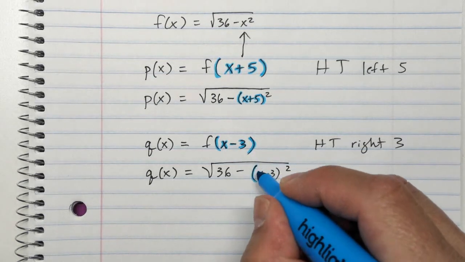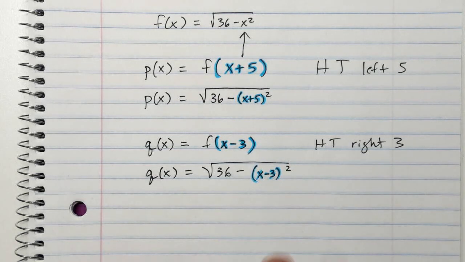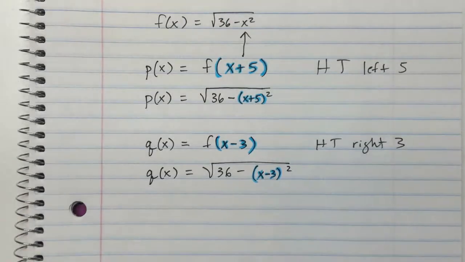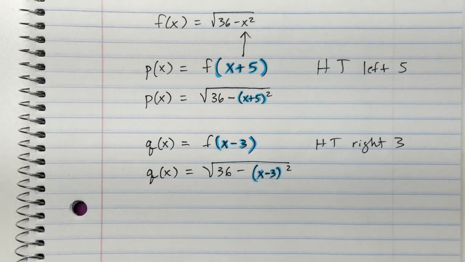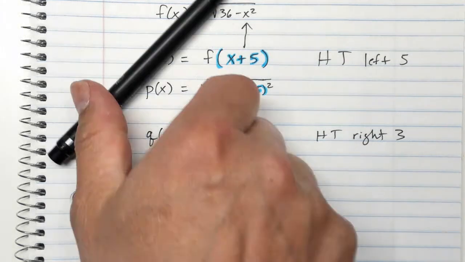That's why hopefully you're using a highlighter. Highlight that whole thing and put that whole thing where the x was. And there was a glitch in the matrix; I showed it on the calculator, but the glitch prevented you from seeing it.